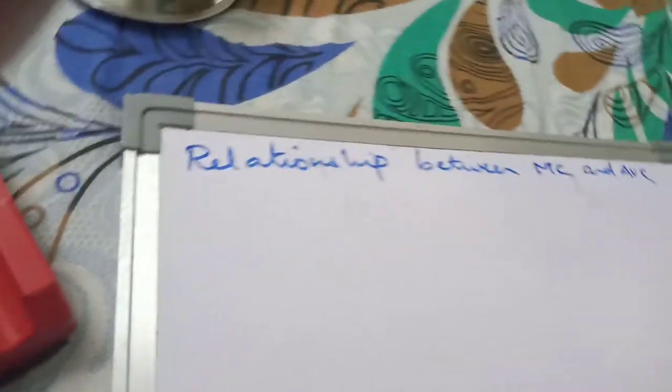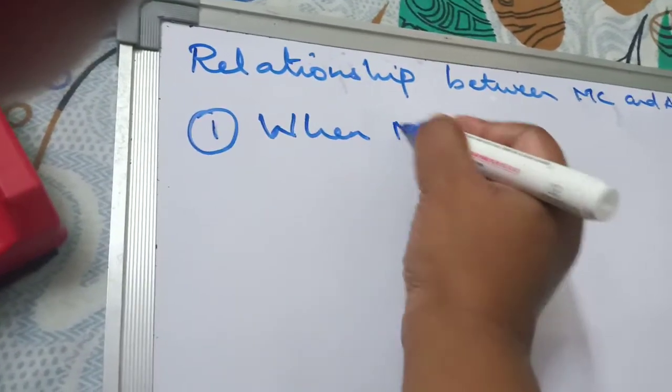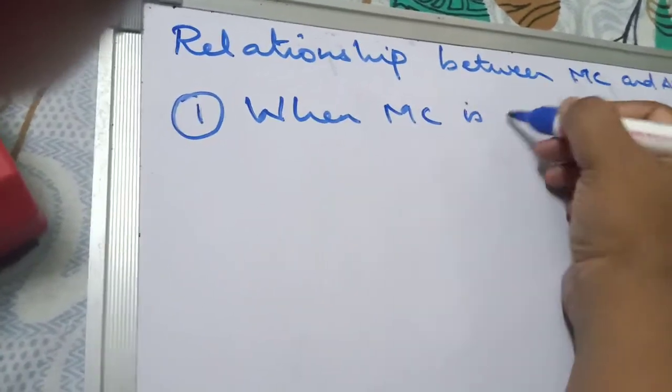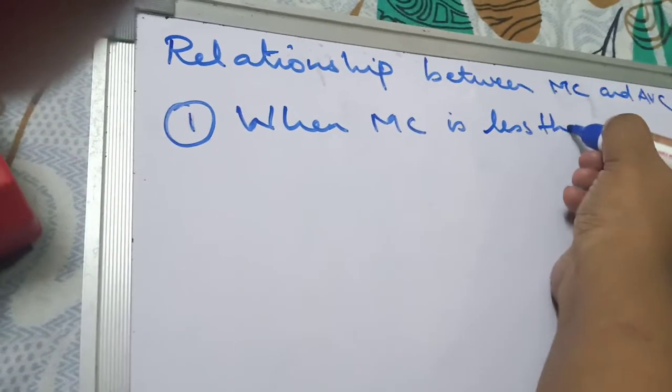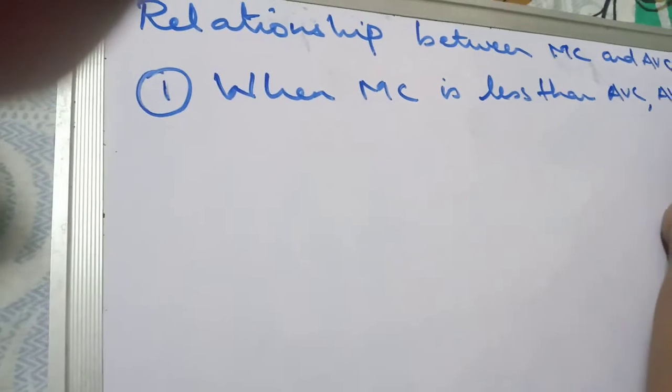Relationship between MC and AVC, very simple. First, when MC is less than AVC, AVC has a tendency to fall.